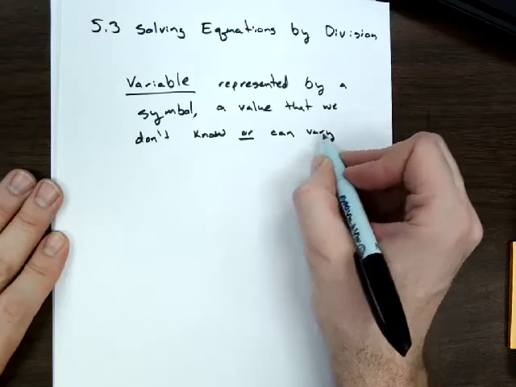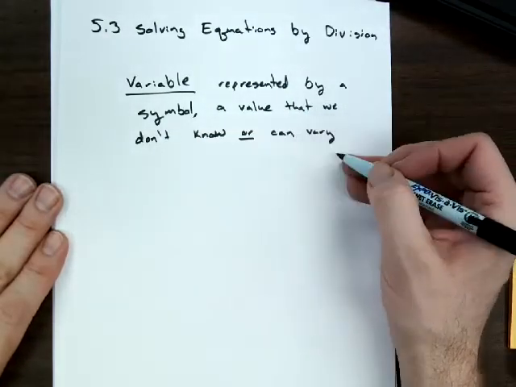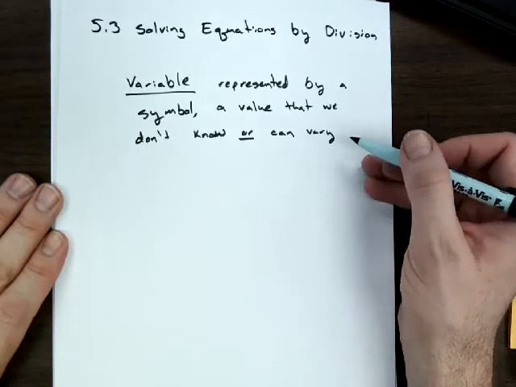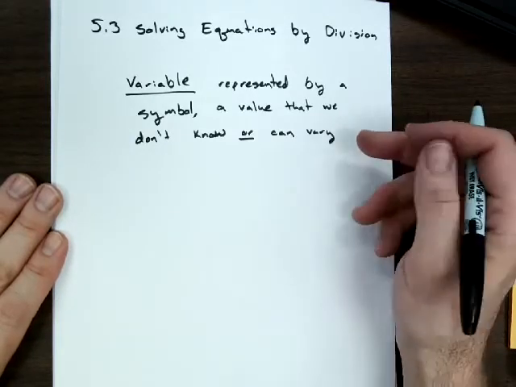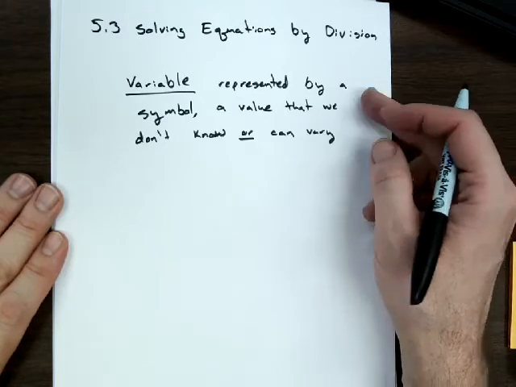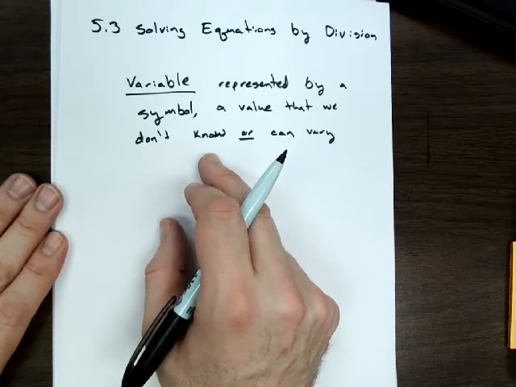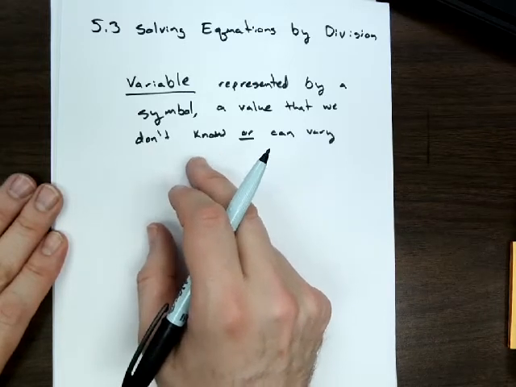So if I've got a variable, it just basically points to some value that we don't know yet, or we can change if we want to. Depending on what we're doing, if it's an equation, it's just going to be a value we don't know yet.